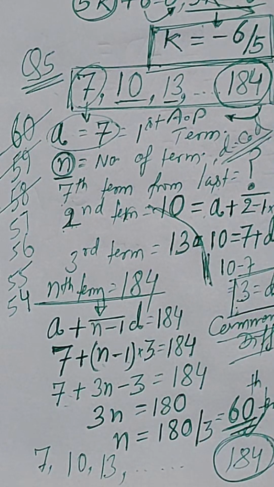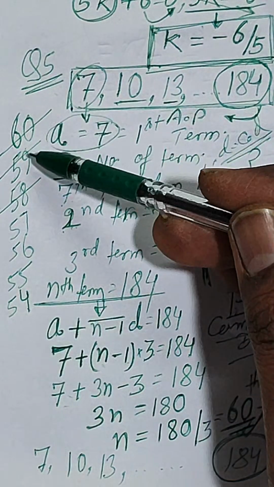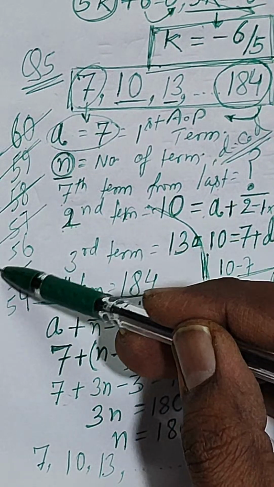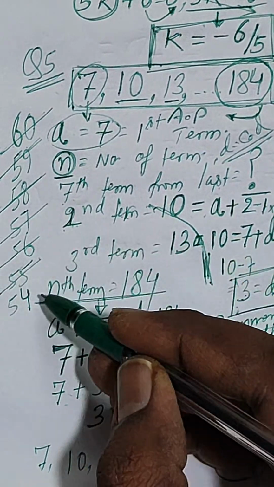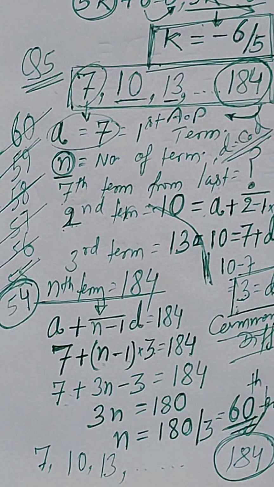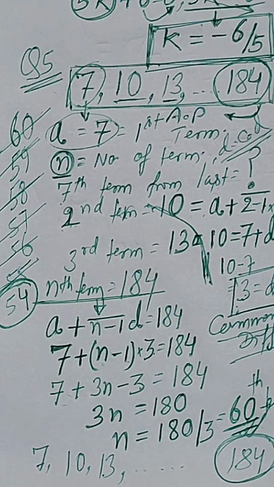If you count the 7th term from the last, the 7th term from the last will be the 54th term, right? So we are going to calculate the value of the 54th term.